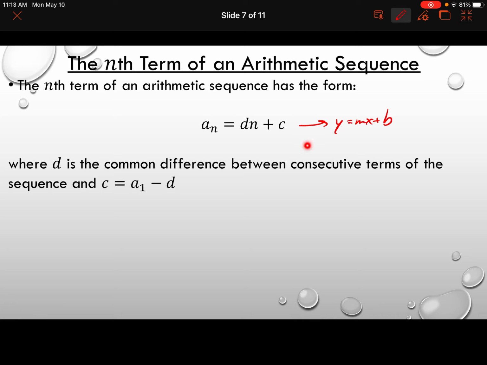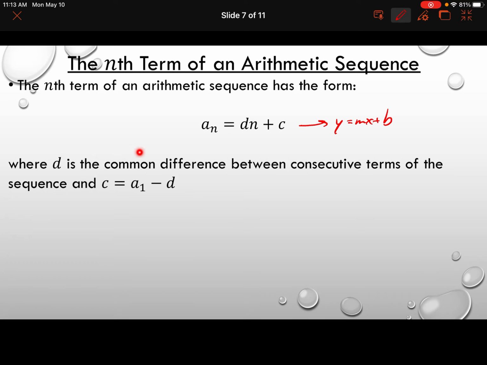We have a variable x, in this case we have n instead, and instead of m we have d, and then b in place of c. So this is a linear formula. An arithmetic sequence is a linear pattern, a linear formula.